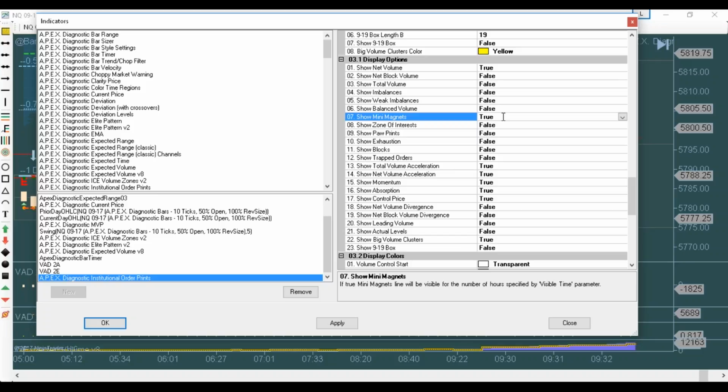The color opacity for mini magnets is set to 1 in the C's OP template. Okay, so you have it set to true. It just makes it lighter.